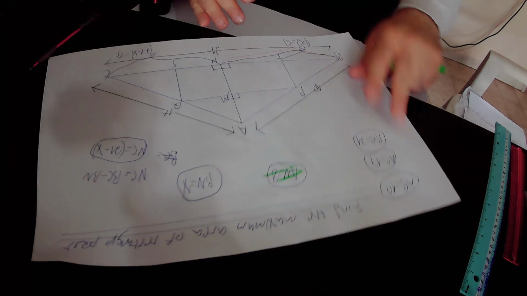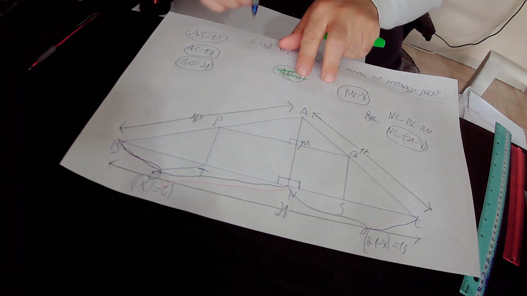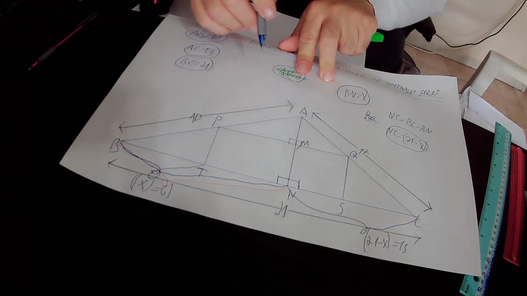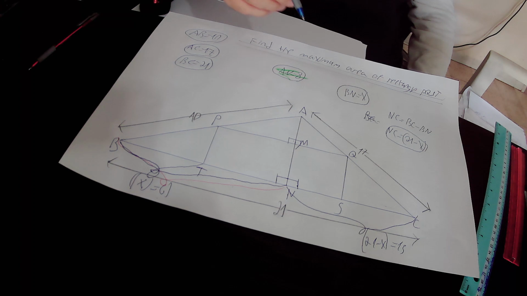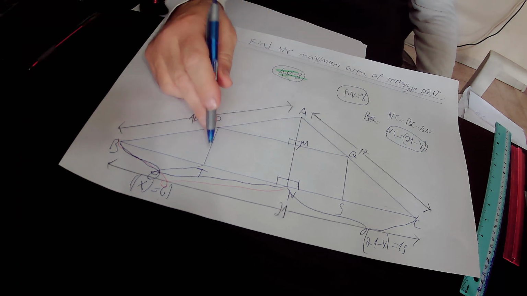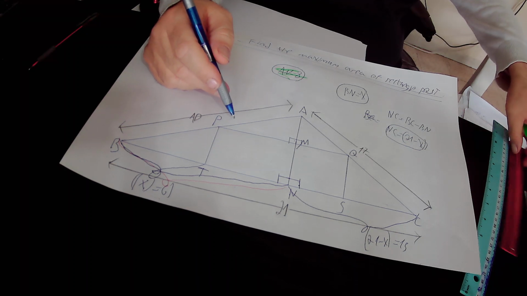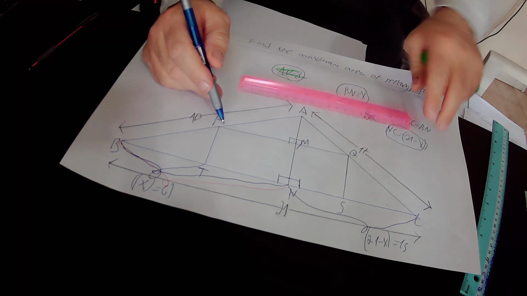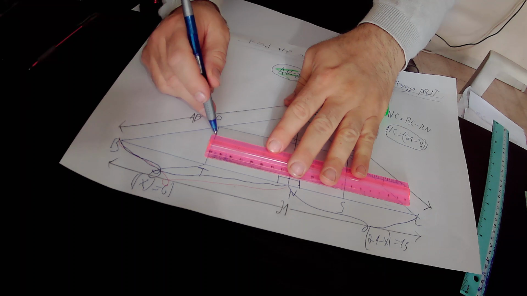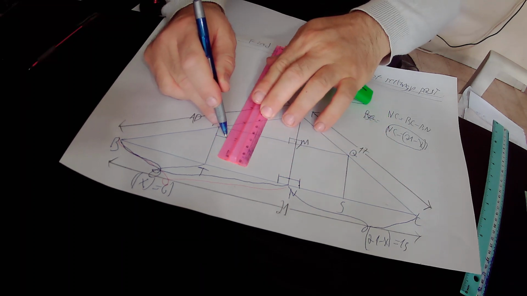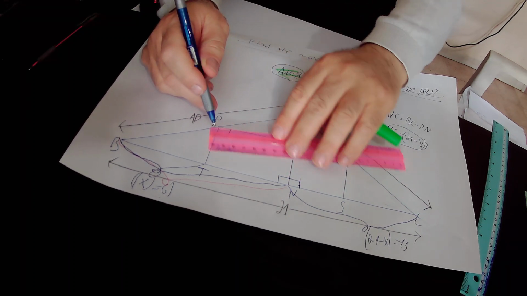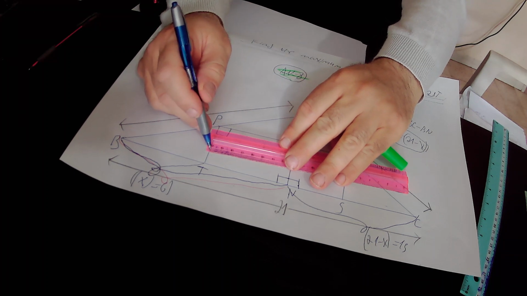We know that PQST is a rectangle, and all the angles in a rectangle are right angles. So those two angles are both right angles. This angle equals 90 degrees, and this angle also equals 90 degrees.